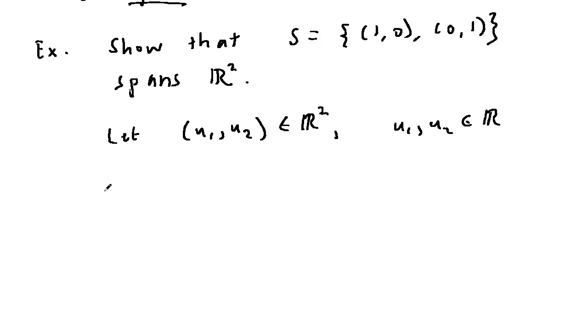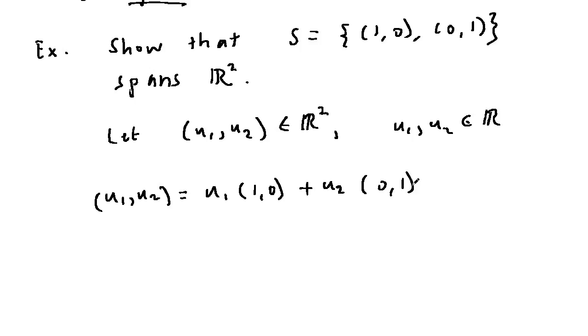Then we can rewrite U1, U2 as U1 times 1, 0 plus U2 times 0, 1. And this is a linear combination of the vectors 1, 0 and 0, 1. So S spans R2.